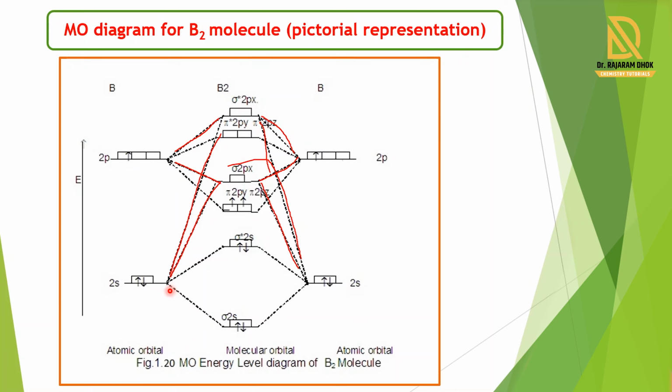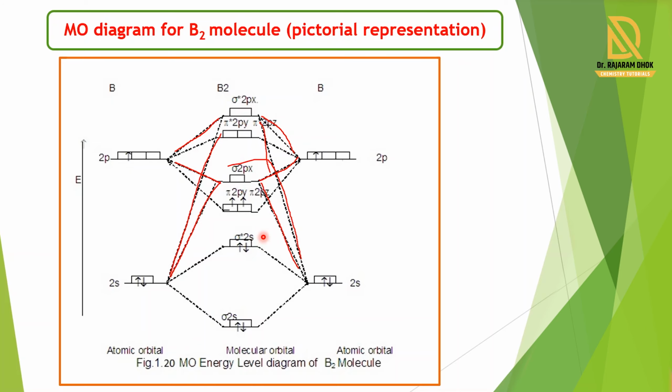Now we fill the electrons in the boron molecular orbitals. In the boron atom, 3 electrons are present in 2s and 2p. In the second boron atom, 3 electrons are present. So a total of 3 plus 3, 6 electrons are filled in the B2 molecule. Out of that, 2 electrons fill the sigma 2s and 2 electrons fill the sigma star 2s. The 2 remaining electrons fill the higher energy orbitals.